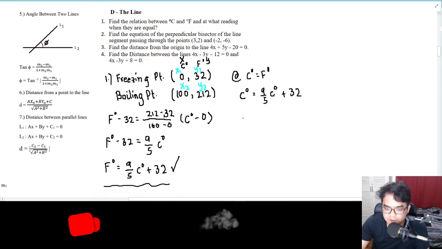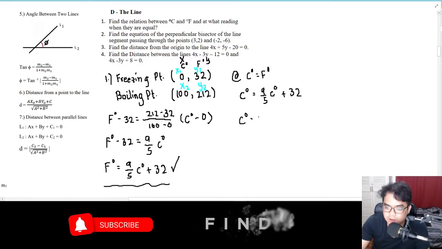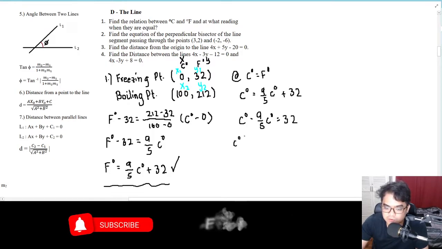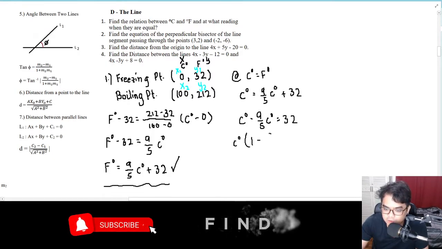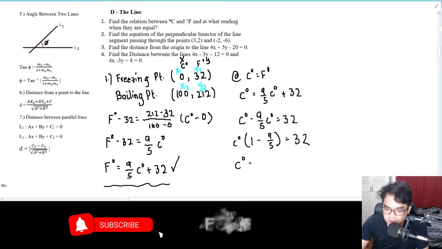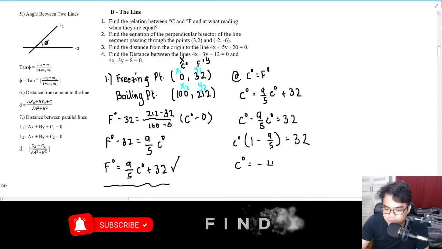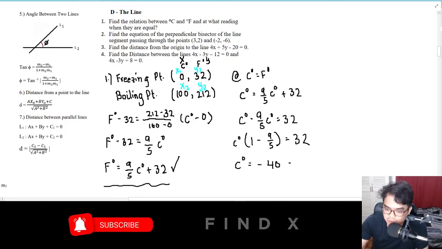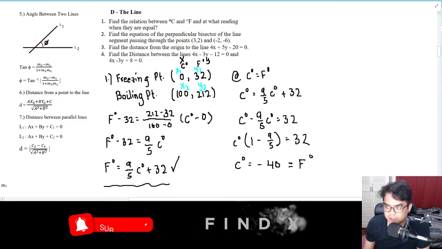Then transpose, so C minus 9 over 5 C equal to 32. Factoring out C, this will become 1 minus 9 over 5, times C, equals 32. When you solve for that, the Celsius will equal negative 40 degrees. So this will also be your Fahrenheit. Therefore, that only means that negative 40 Celsius is equal to negative 40 Fahrenheit. So that's it.